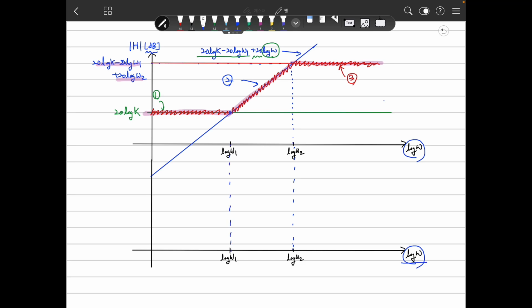Same dimensions, this is log omega, same things, but here we draw the magnitude.